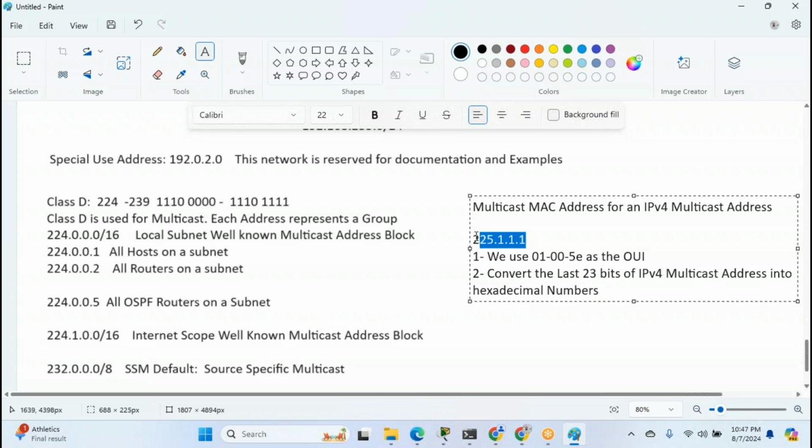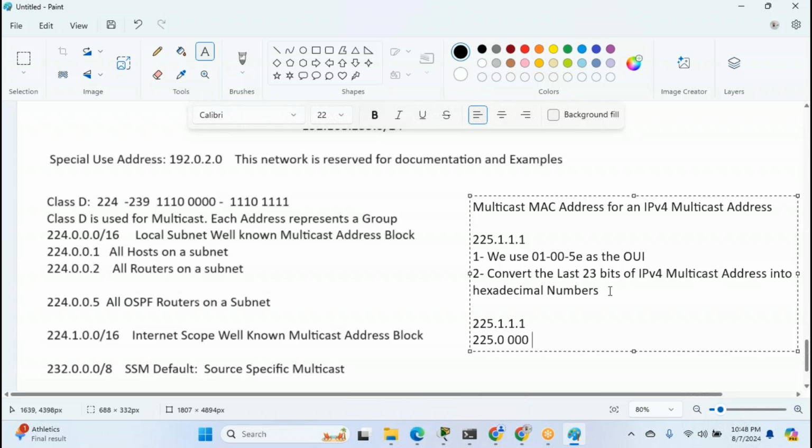So this is your IPv4 address, 225 dot. I haven't changed the first 8 bits. Now I will convert the last 24 bits, though we have to use 23, so I'm going to make it separate.